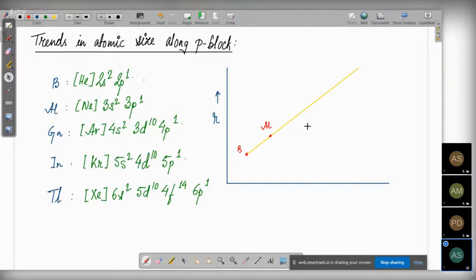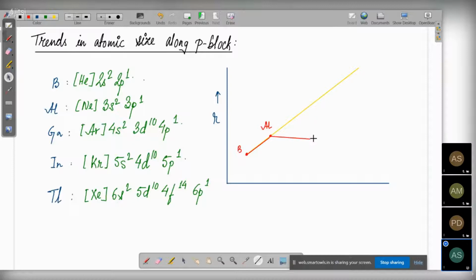But for gallium, we see that the atomic size is almost similar to aluminium, whereas normally it was expected that gallium would have a higher atomic size than aluminium.